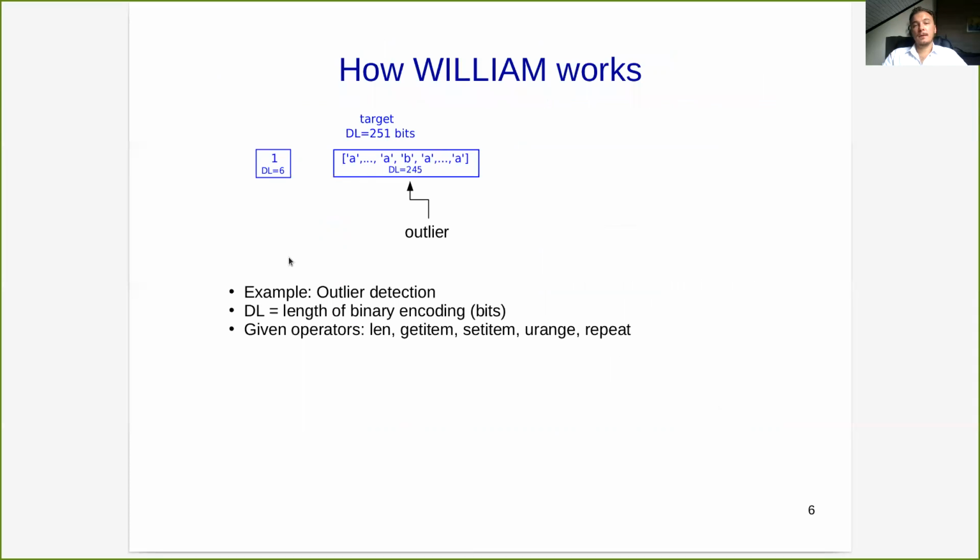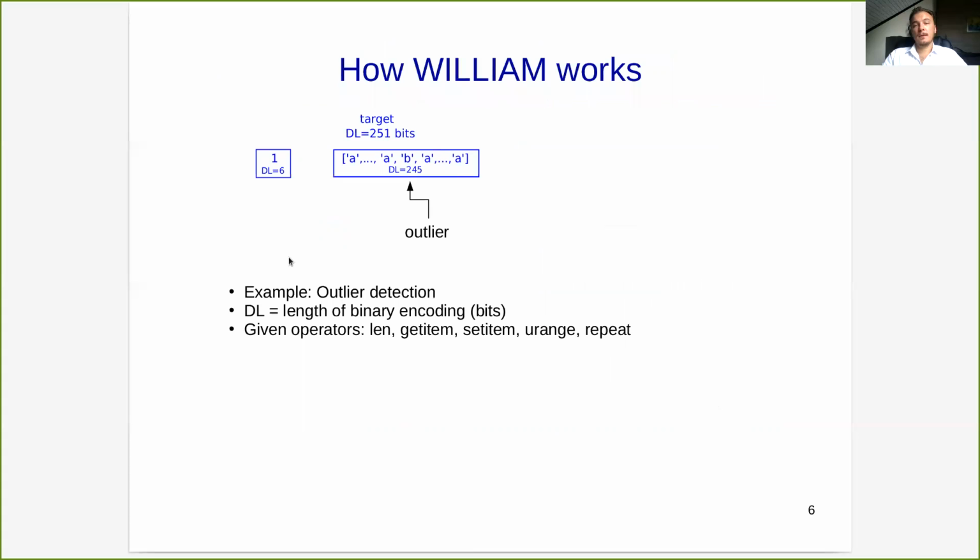Let's exemplify how William works in the example of outlier detection. Suppose you have a list of chars where all are the char A, but somewhere in the middle there's the char B. So it's an outlier. Additionally, you have the number 1 given that it's allowed to use, and a set of operators that it can apply.